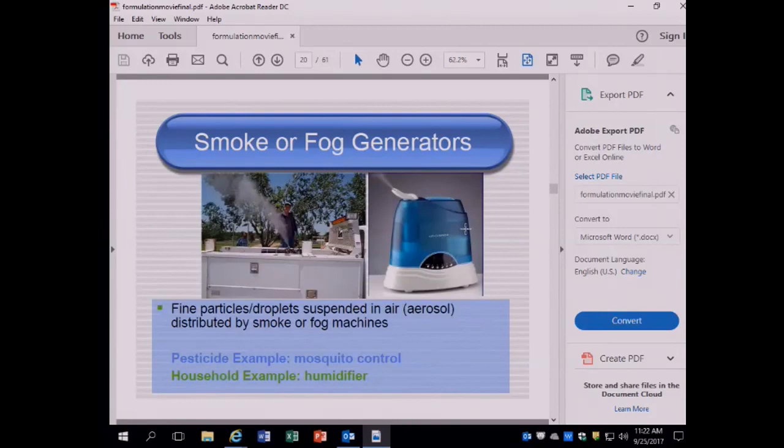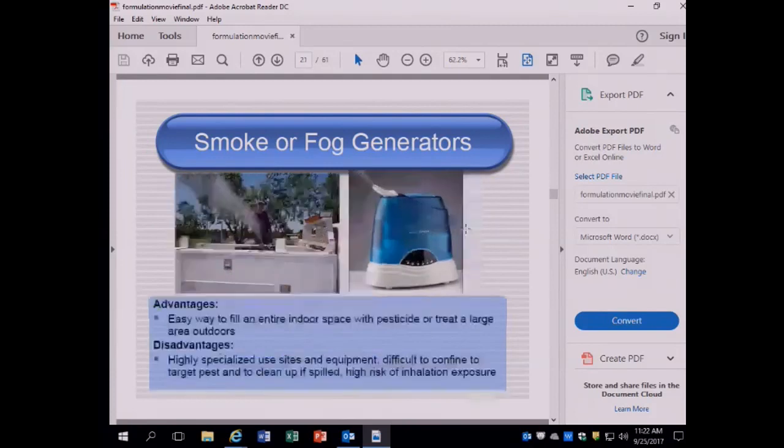Not too great a need for them right now, but when we get to December, January, and February, most of our heating systems will reduce the humidity enough in our homes that quite often you'll see somebody using a humidifier to put more moisture in the air. Advantages of smoke and fog generators: easy to fill an entire indoor space with pesticide or treat a large area outdoors. Disadvantage: highly specialized use sites and equipment, difficult to confine to a target pest or to clean up if spilled, and a high risk of inhalation.